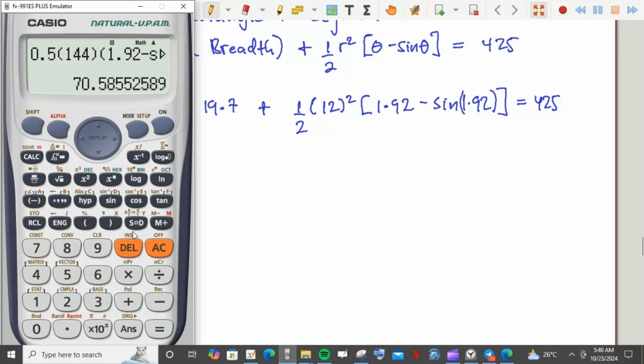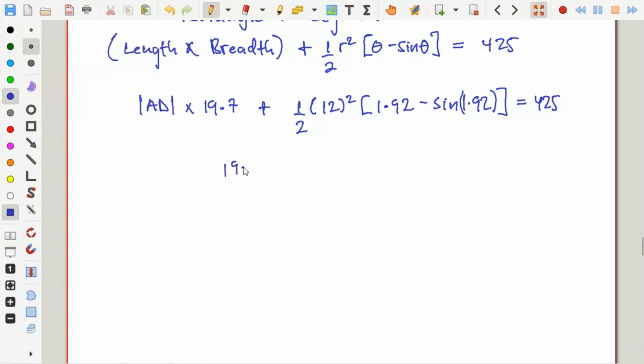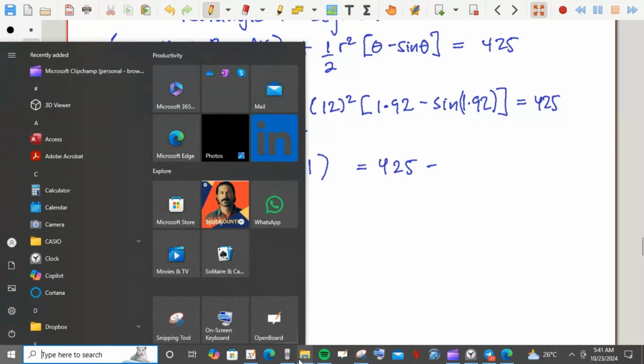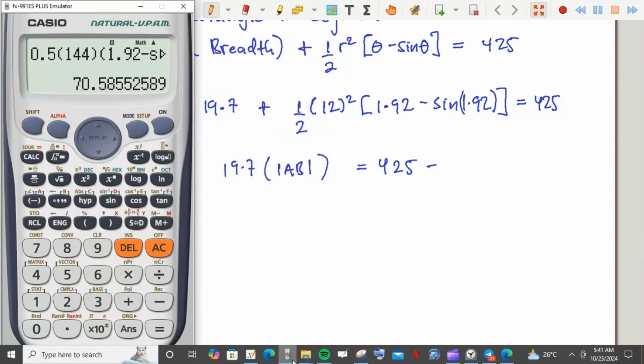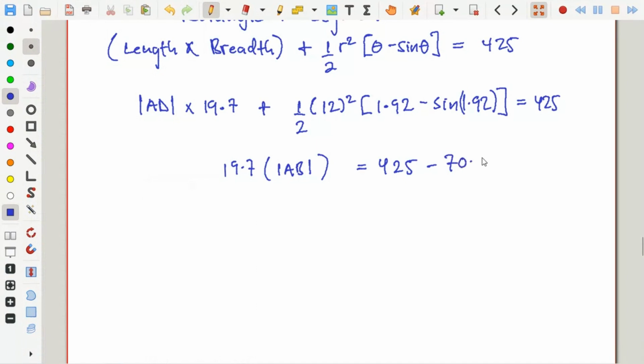Okay, so I'm getting 425 minus, what's the value again? Let's check. Okay, so can I say 70.6? 70.6.